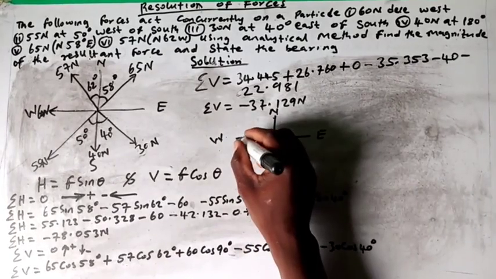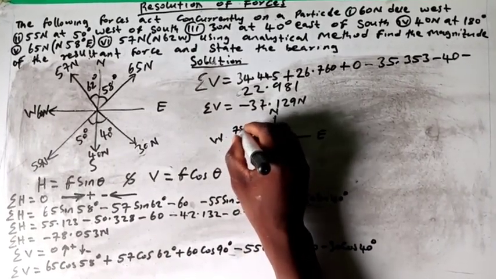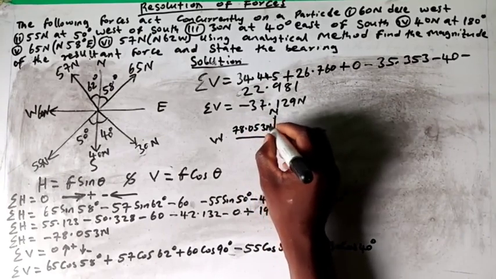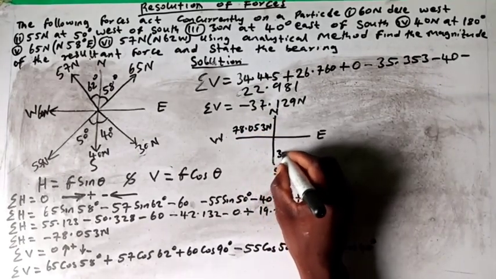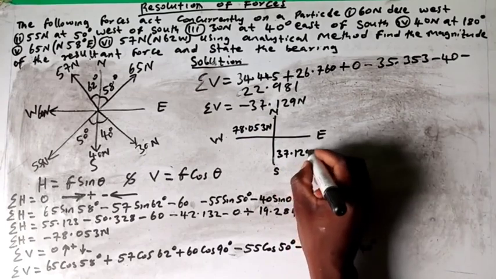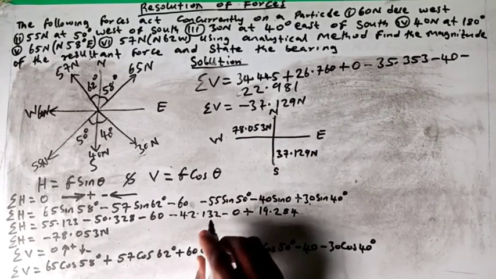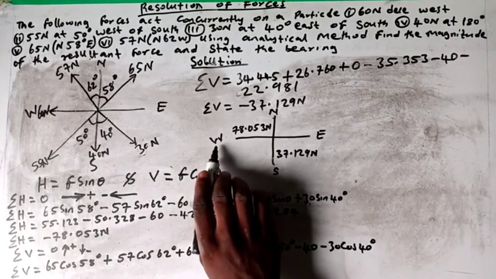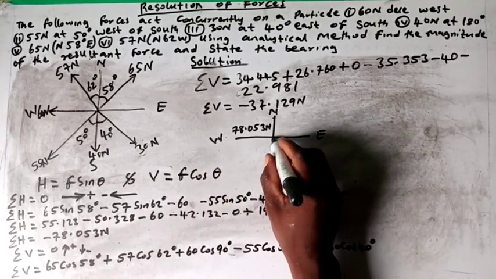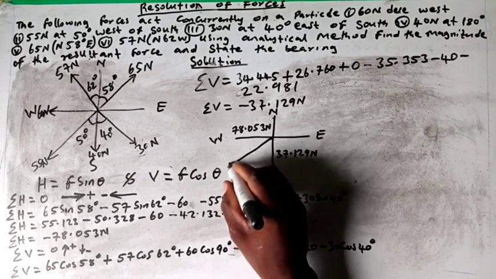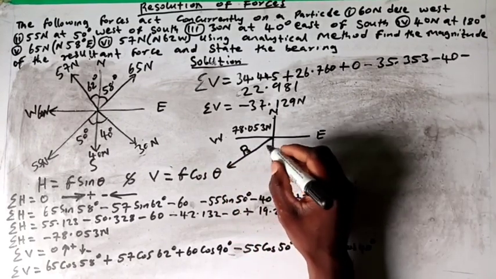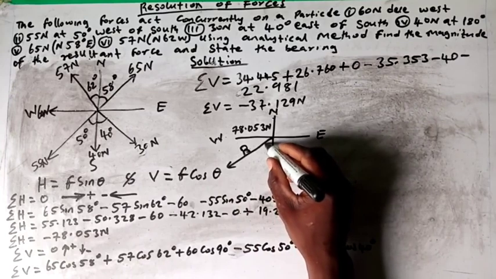So here we have 78.053 Newton, and here we have 37.129 Newton. So therefore the resultant force lies between the south and west. This is our arrow.